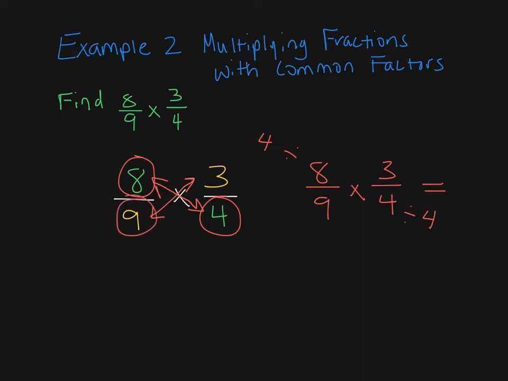I've also got 9 and 3, and 3 is the greatest common factor of 9 and 3. So those two can factor out. I can divide this by 3, and I can divide this by 3. So I take 8 divided by 4, which gives me 2. 9 divided by 3 gives me 3.